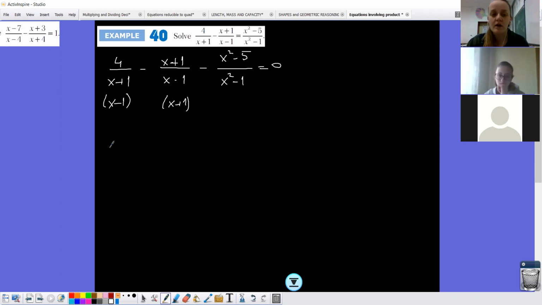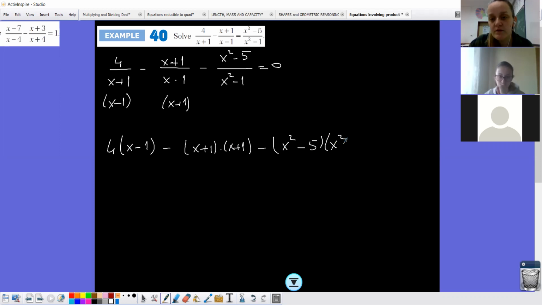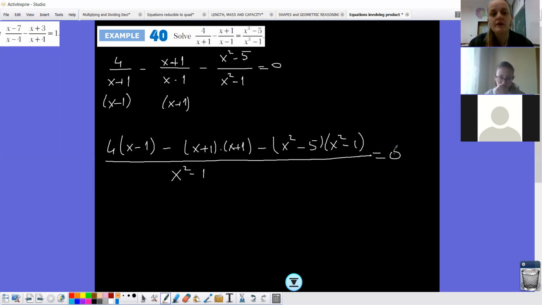Now, our numerator will be 4 times x minus 1 minus x plus 1 times x plus 1 minus x squared minus 5 times x squared minus 1 over, we can write x squared minus 1, or we can write x plus 1 times x minus 1.